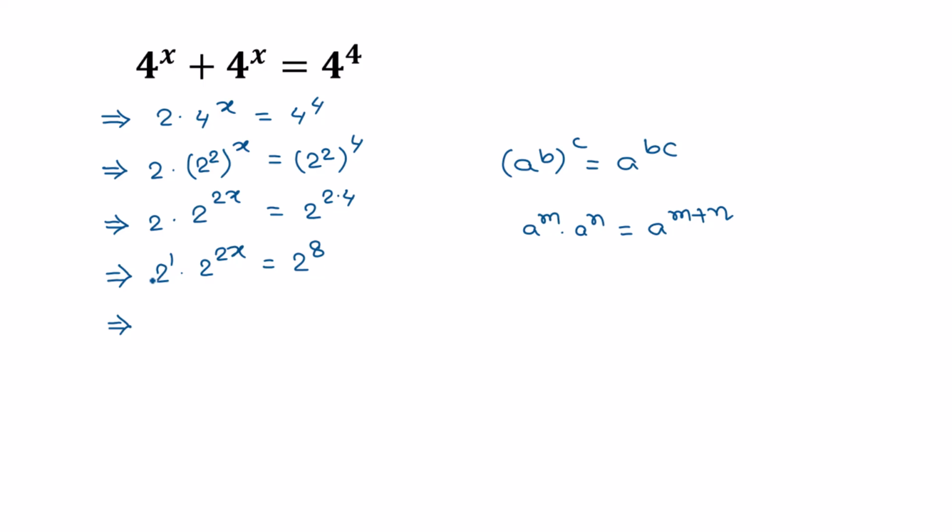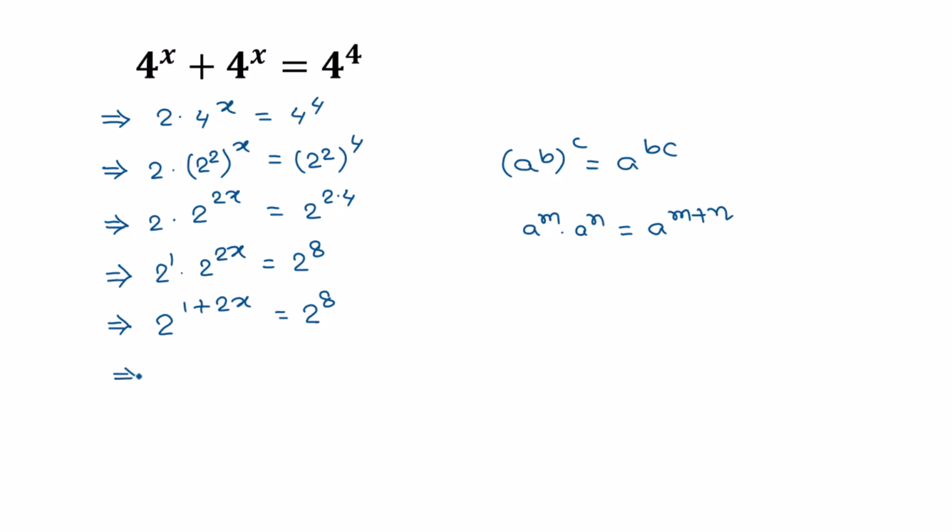So we can write it as 2 to the power of m plus n, that means 1 plus twice x, so 2 to the power of 1 plus twice x is equal to, right side, 2 to the power of 8.